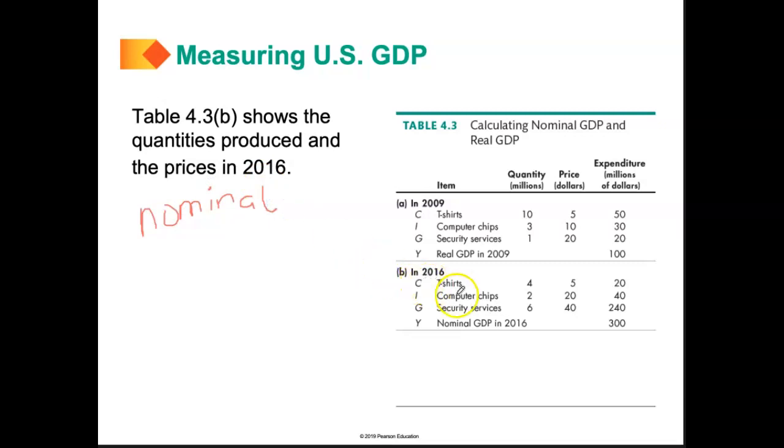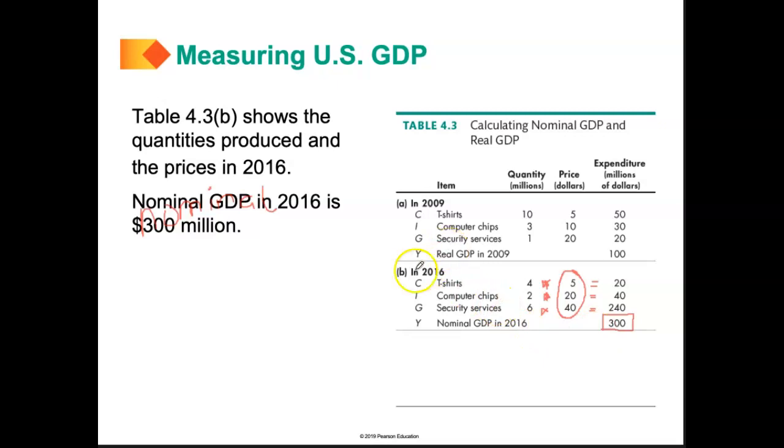We're using the prices of 2016, so you can clearly see the price has changed. Then we have 4 times 5, which equals 20. We have 2 times 20, which equals 40. We have 6 times 40, which equals 240. So nominal GDP in 2016 is 300.